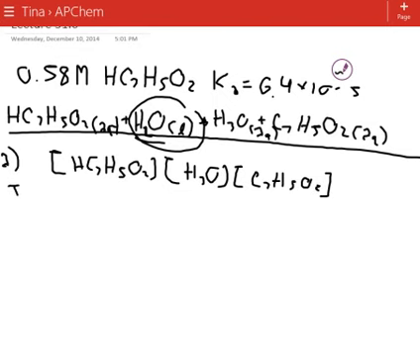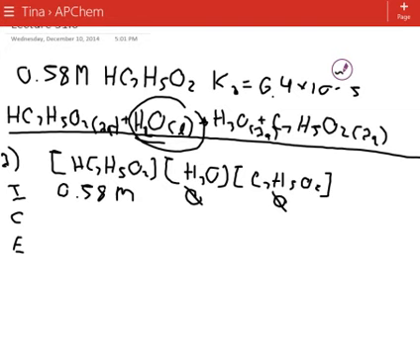So to begin with, for the initial concentration for HC7H5O2, it tells us that there is a 0.58 molar solution, and H3O will be 0 and C7H5O2 will be 0, mainly because it's on the product side and the reaction did not take place yet.